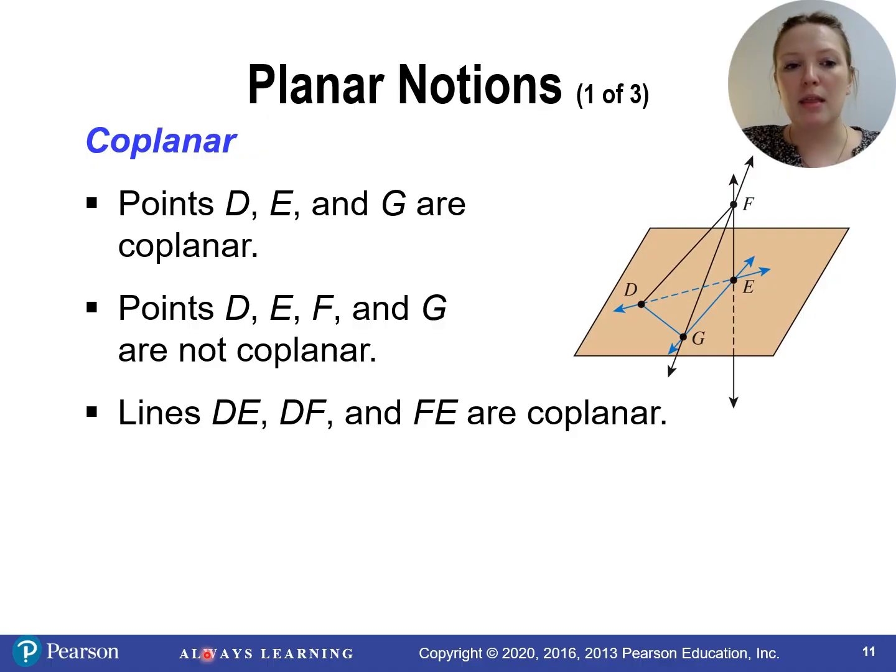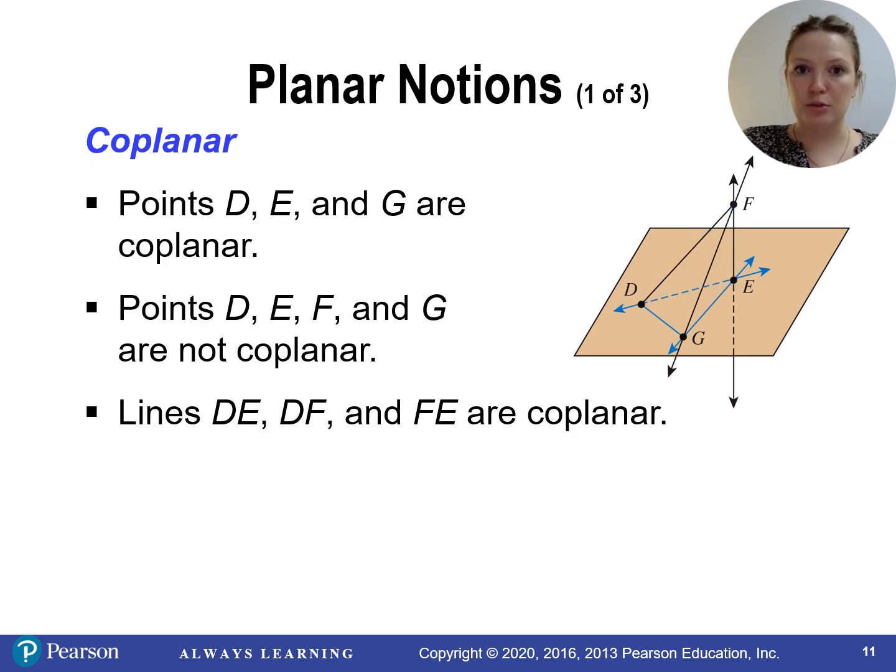We could also say that lines are coplanar. So we can see that DE, DF, and FE are all on the same plane. You can kind of think about this triangle here created by DEF and imagine the plane that goes along that triangle formed in our picture.